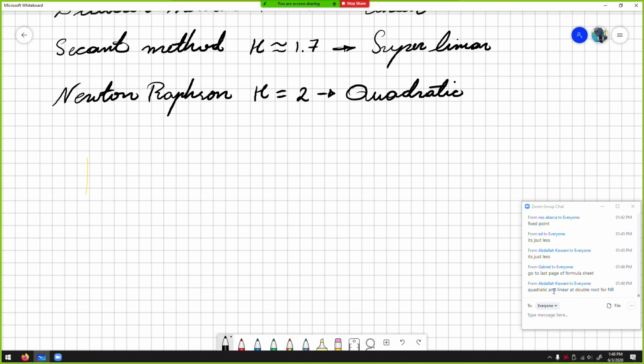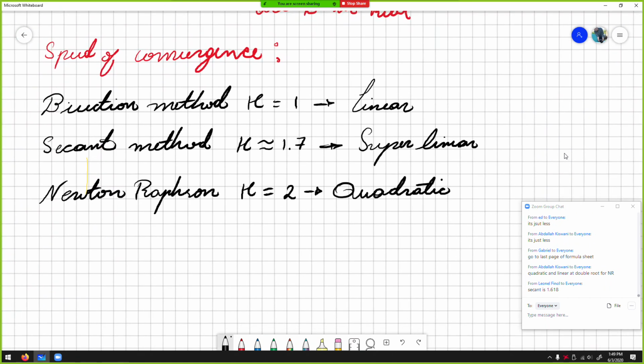Are you saying that it is linear instead of quadratic at a double root? What I'm saying is the speed is linear if you have a double root. That was a question on the quiz, and I got it wrong, and then Kasab explained it to me. So if it's a double root, which one changes?